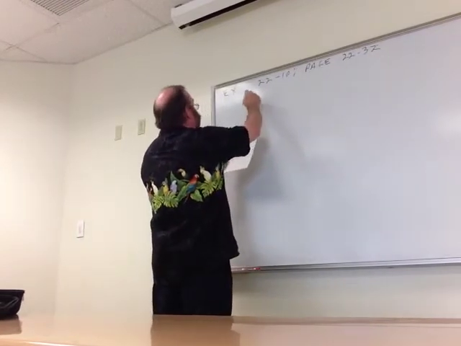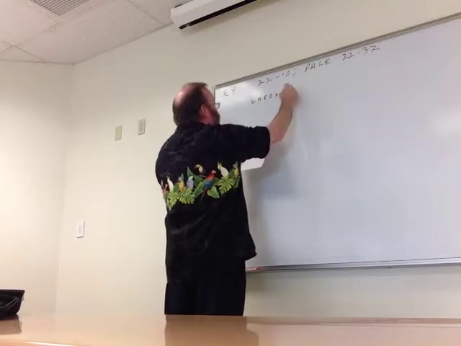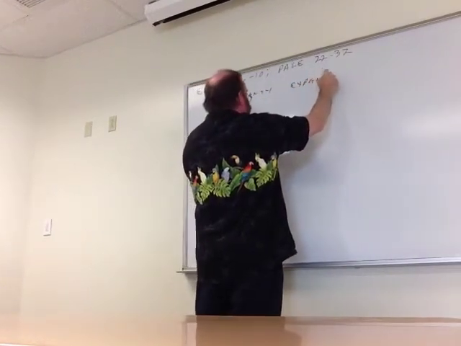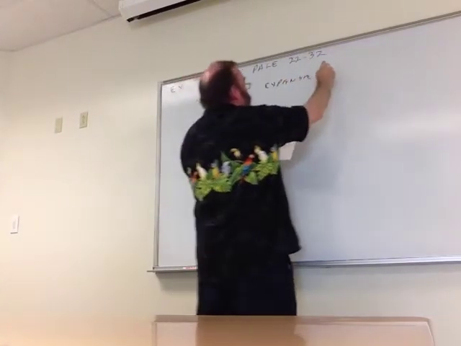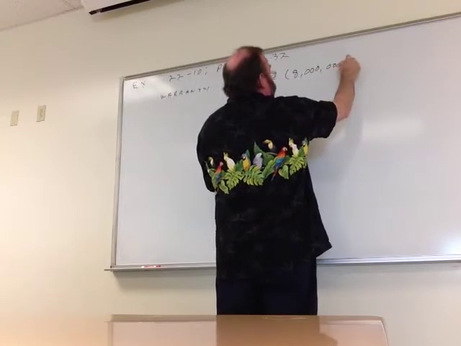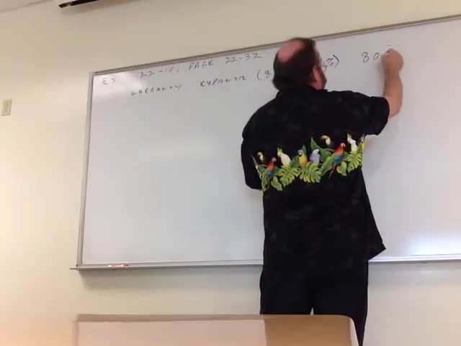So you debit warranty expense, take the $8 million, multiply it by 1% now, and you'll get $80,000.